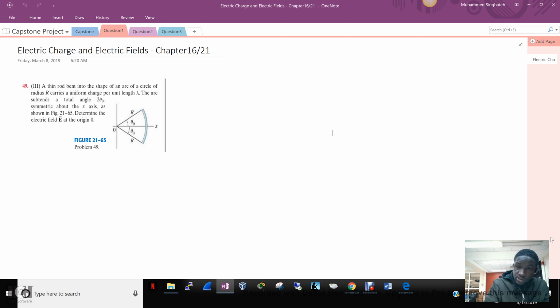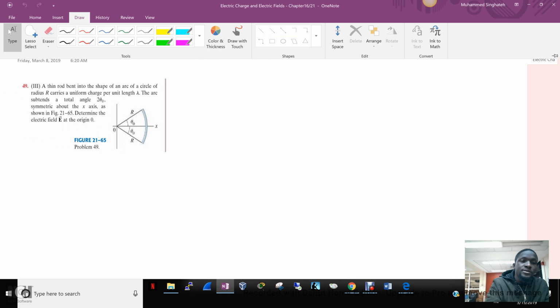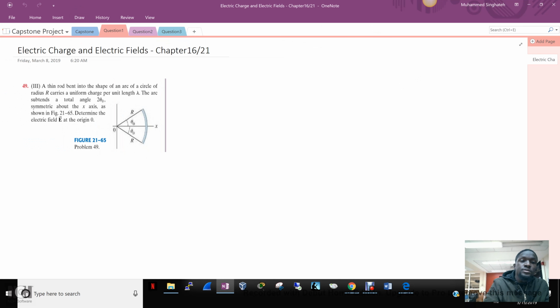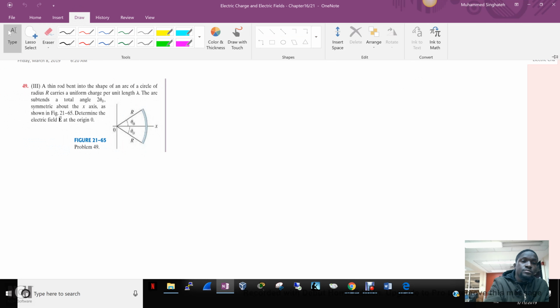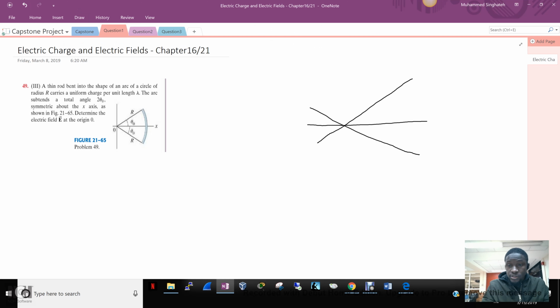let's say we draw it like this. So let's say if we redraw this like this, and then we have the x-axis this way, and we go like that.